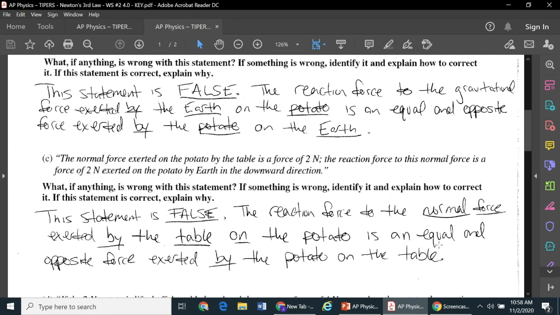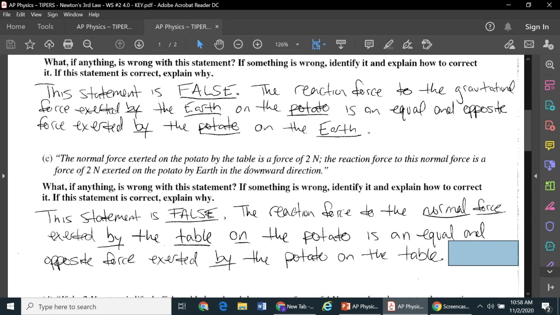You may want to add that on here if you didn't already, because they specifically tell you the normal force is upward, and then they say in the downward direction when they're talking about the earth. This statement is false. The reaction force to the normal force exerted by the table on the potato is an equal and opposite force exerted by the potato on the table.